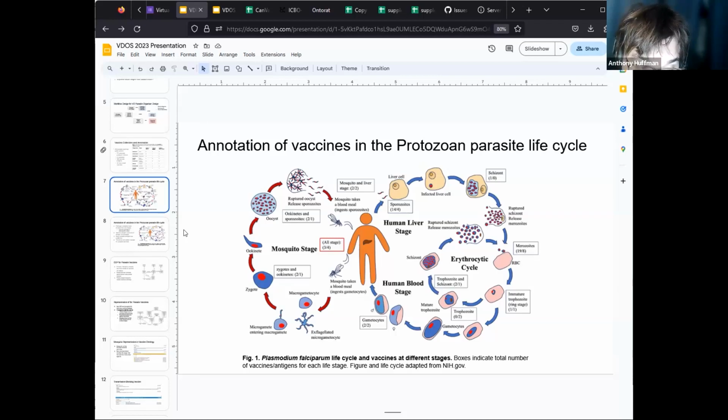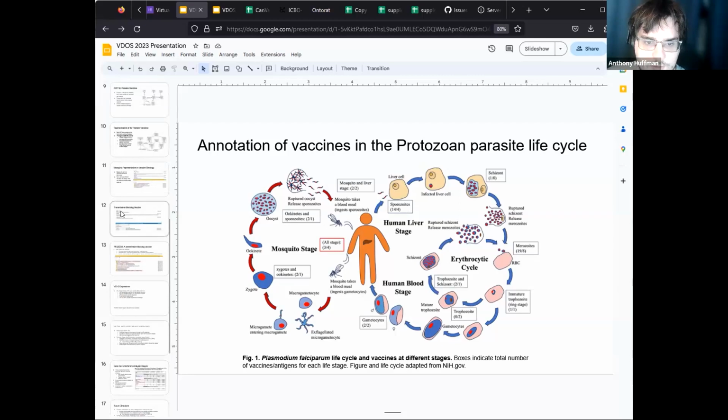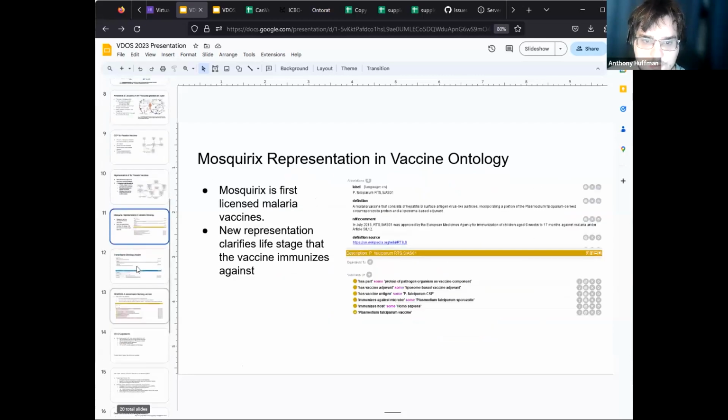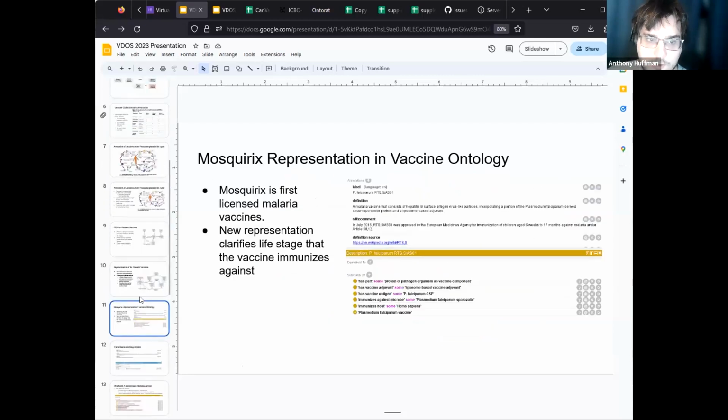While I do think that could be a good potential option, right now most of the research and work is done as, okay, if we vaccinate this specific life stage, it will have an effect on reduction. The other issue is that the Mosquirix vaccine that I mentioned is, to my knowledge, the only vaccine that is currently licensed for use against malaria itself. So such a combinatorial approach would probably wait until you get other vaccines officially licensed, and then you can do a separate study to see how it goes.